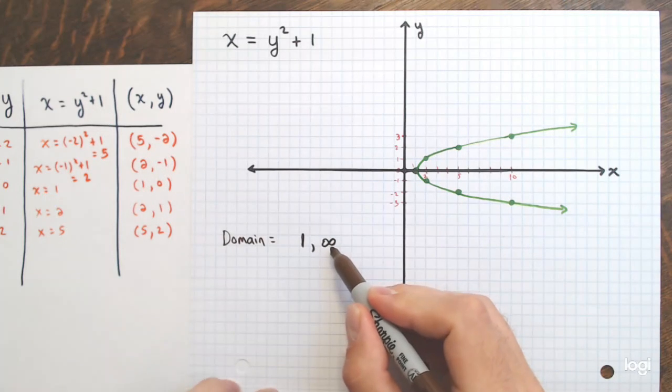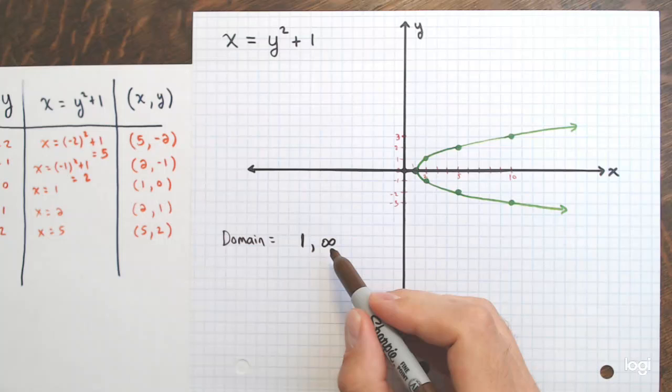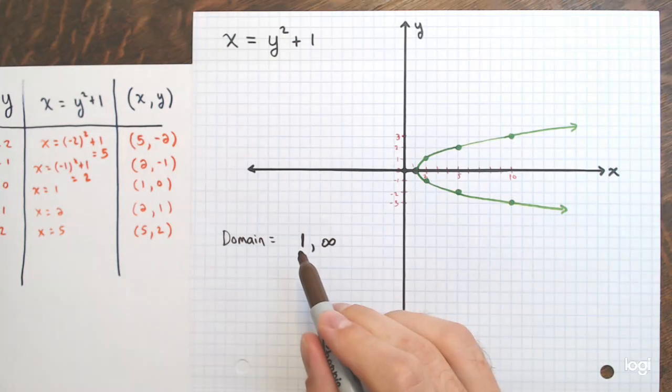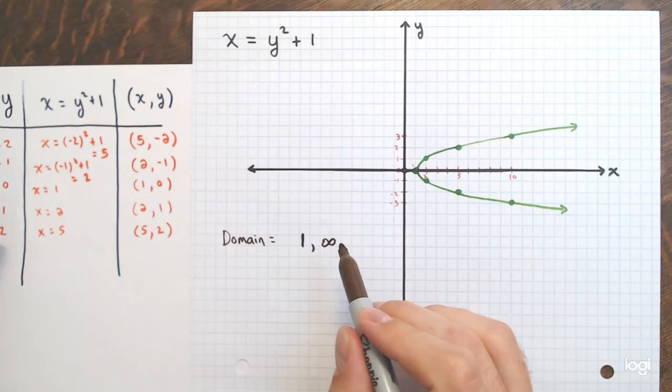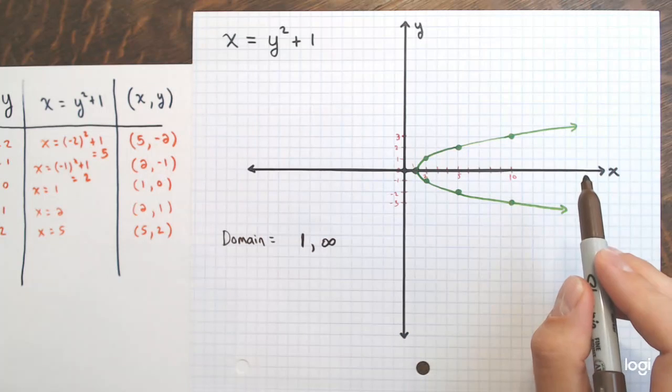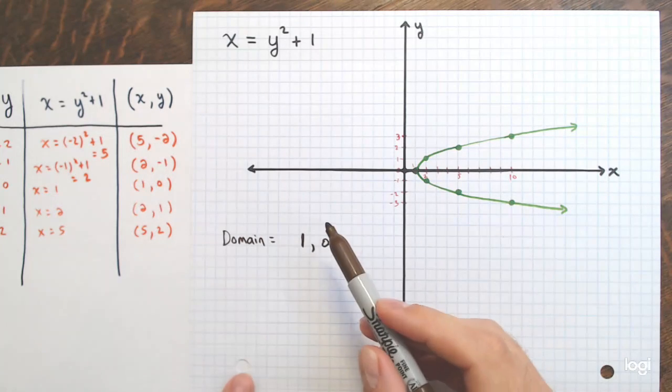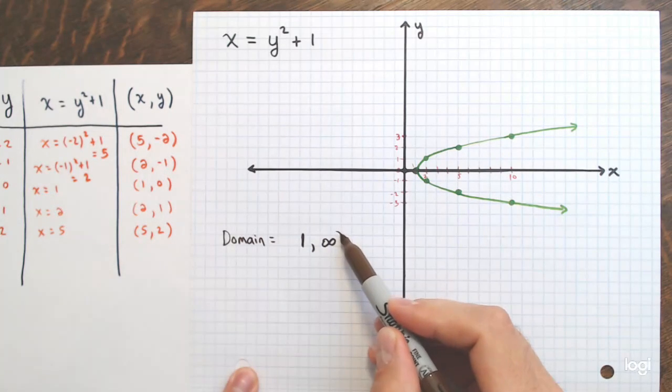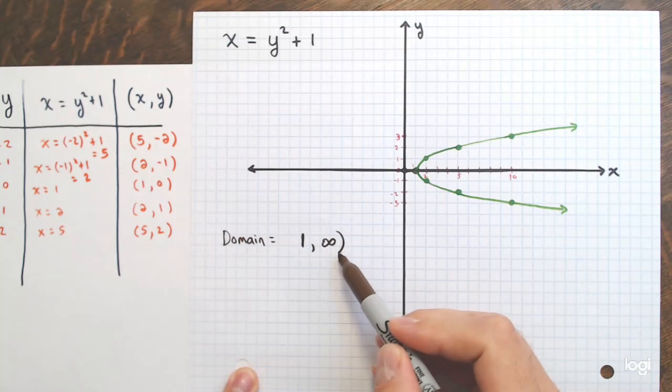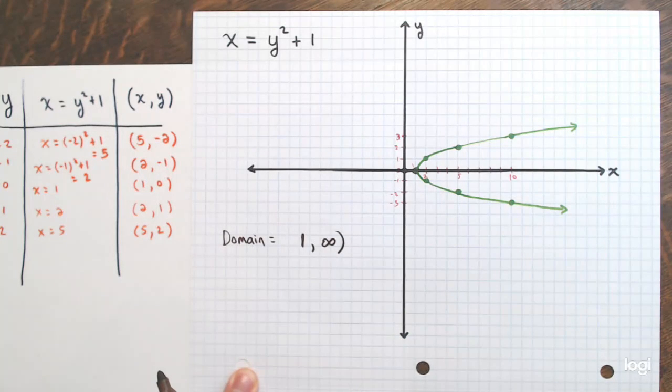Again, this infinity just indicates there is no largest value in the domain, and we have everything above 1 in the domain. And you always cap off the infinities with a parenthesis, indicating that it's not part of the set.